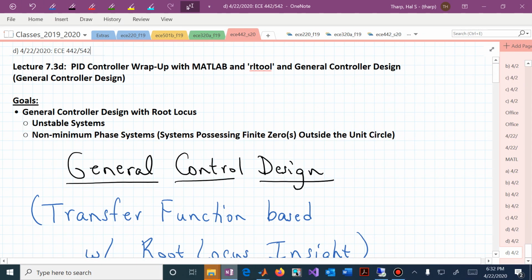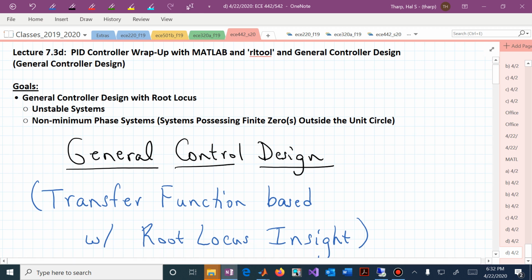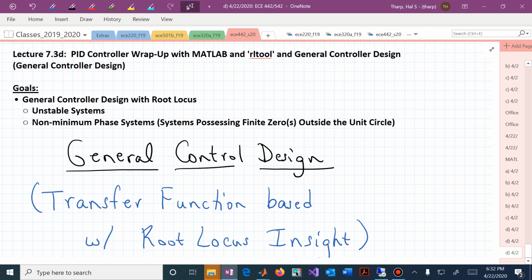Let's now wrap up this video in lecture 7.3 with the fourth part, and this is now the general controller design. What we want to look at now is if we now have the ability to locate poles and zeros in the complex z-plane, how can we do that if we're forced with controlling an unstable system or maybe controlling a non-minimum phase system?